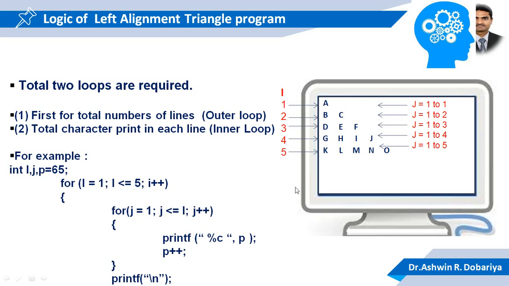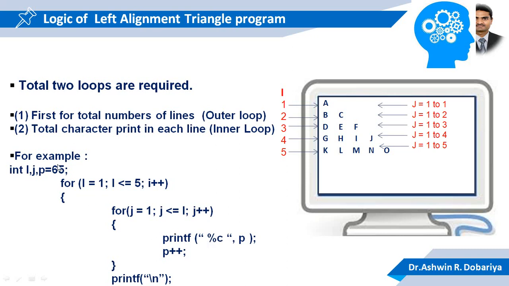Here a very important thing is that we do not require to print the value of i or j, but we want to print the value of a character. So a character generally we can display with the help of an ASCII value. Here we want to start from A, and the ASCII value of capital A is 65. So if we assign 65 to one variable like p, then here we will print the value of p. But remember one thing, instead of percentage %d, here we want to mention percentage %c.